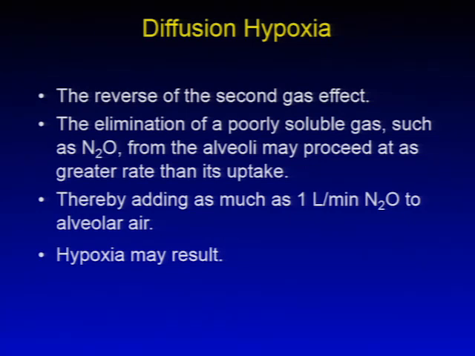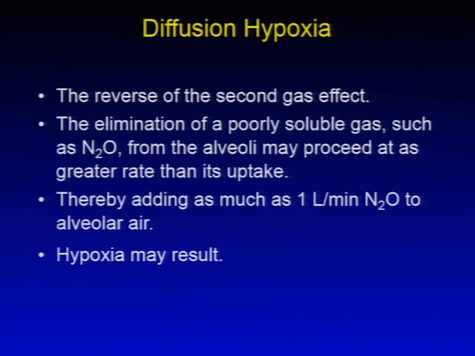So diffusion hypoxia is a reverse of the second gas effect, in which the elimination of a poorly soluble gas, such as nitrous oxide, from the alveoli may proceed at a greater rate than its uptake. So if you run nitrous oxide a long time for one patient, when you terminate the anesthesia, remove the breathing tube, and then provide oxygen with the face mask, you may see hypoxia.